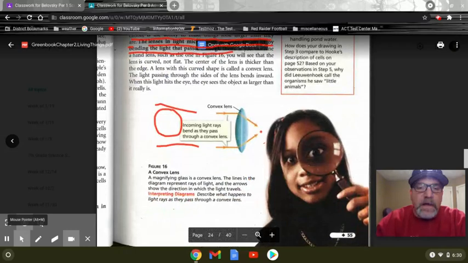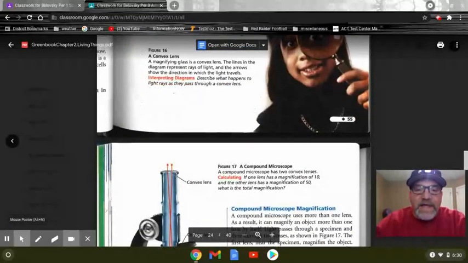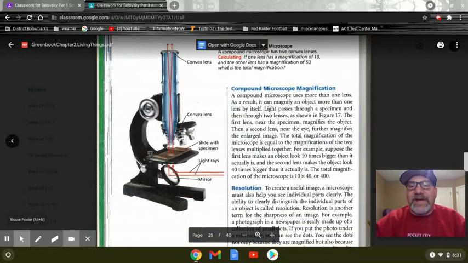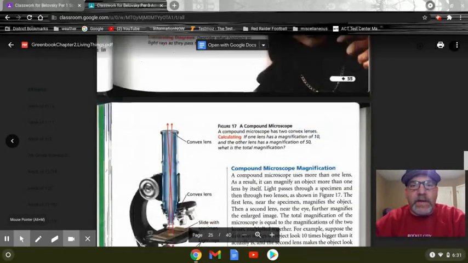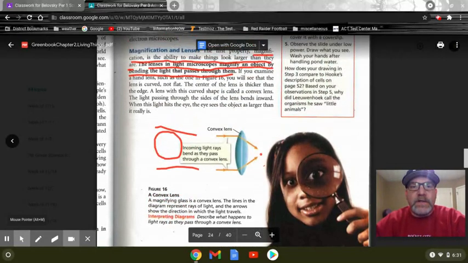All right. One more word, very important for a microscope to have, is a good resolution. Wait a minute, I might have blown past it.